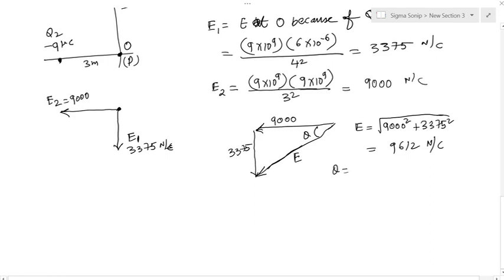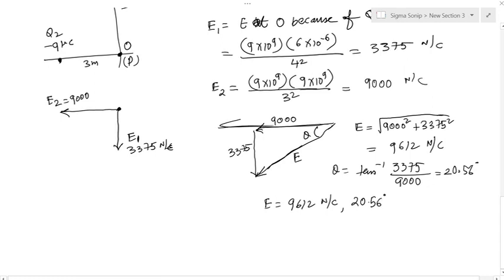The theta I can find as tan inverse of 3375 over 9,000, and that will be 20.56 degrees. So net E is equal to 9612 Newton per Coulomb, and I can see this is the negative x direction, so I can say 20.56 degrees counterclockwise from the negative x axis.